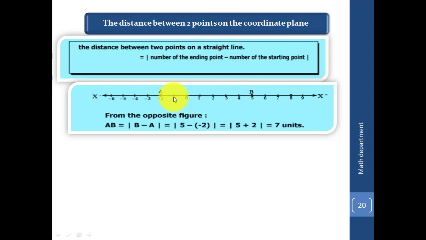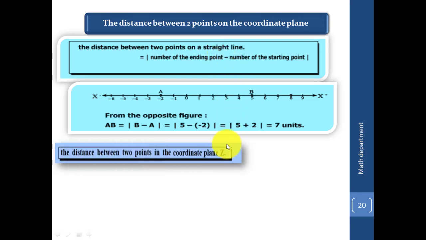To find the length of AB, I will start with the end point B minus A. B equals 5, minus A equals negative 2. 5 minus negative 2: when we have minus then negative, it converts to plus, so the number becomes 5 plus 2, which equals 7 units. So to find the distance between 2 points on a straight line, I take the absolute value of end point minus starting point.